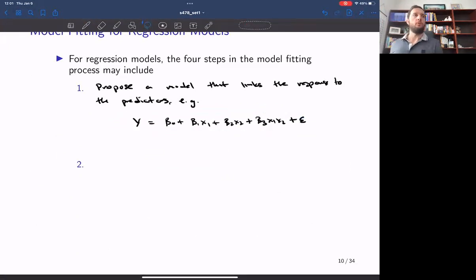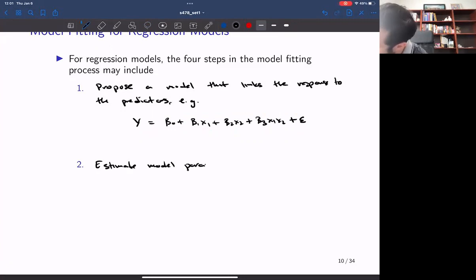Okay, so in step two, we're going to estimate the parameters of the model. Now this particular step is actually pretty straightforward if we're using software.